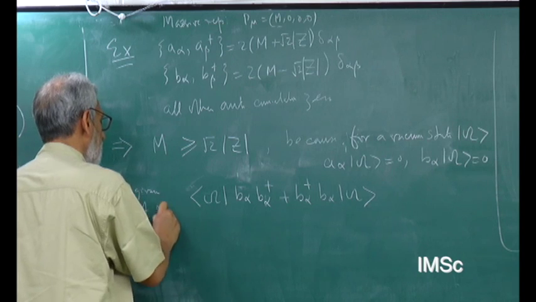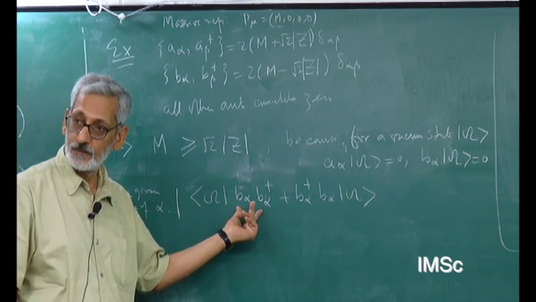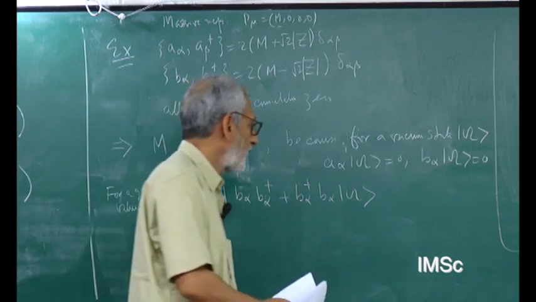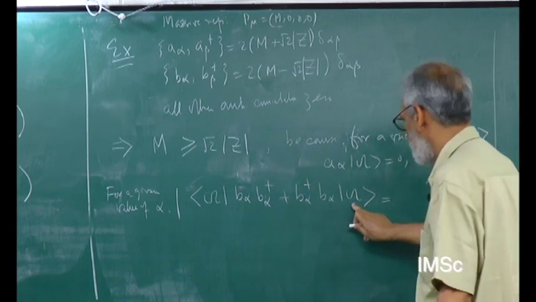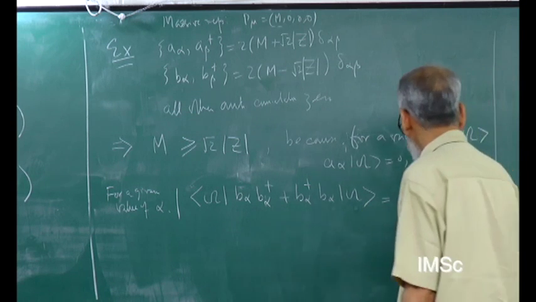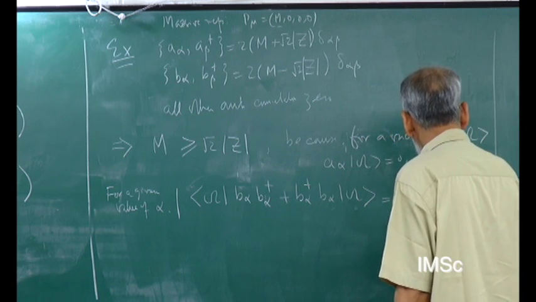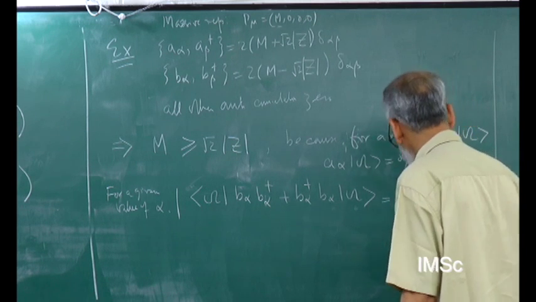It's a repeating index, but it's not summed. Now let me evaluate this. Because B alpha on omega is 0, that gives me omega, B alpha dagger B alpha on omega.